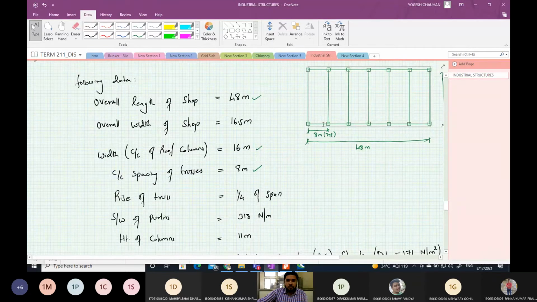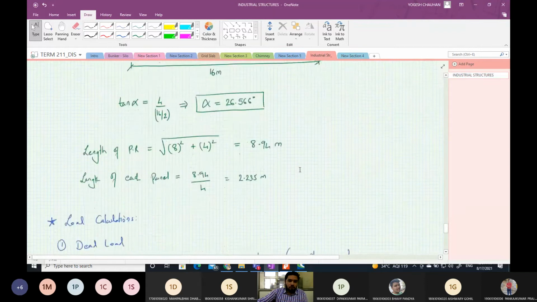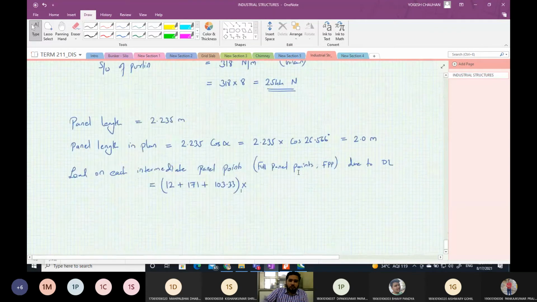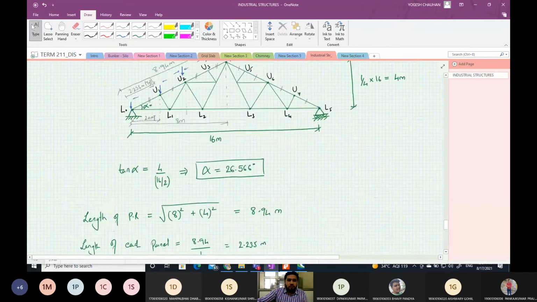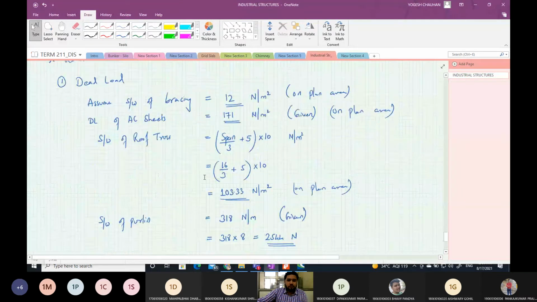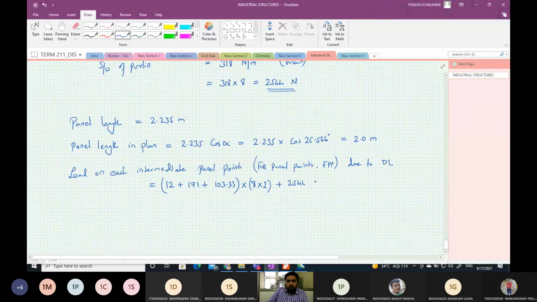The spacing between the two trusses is 8 meter, so half of the load from the left and half of the load from the right, total 8 meter, and the panel point width is 2 meter. Plus 2544. So this will give you the total load on the panel points.